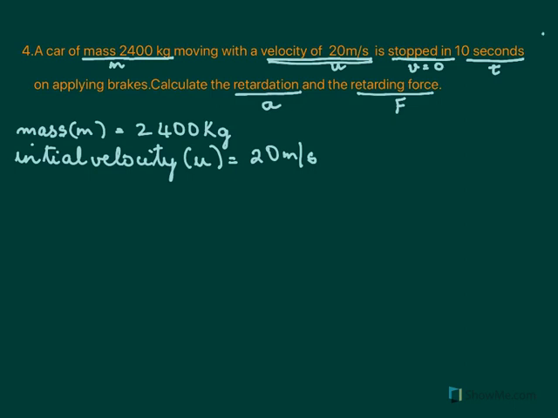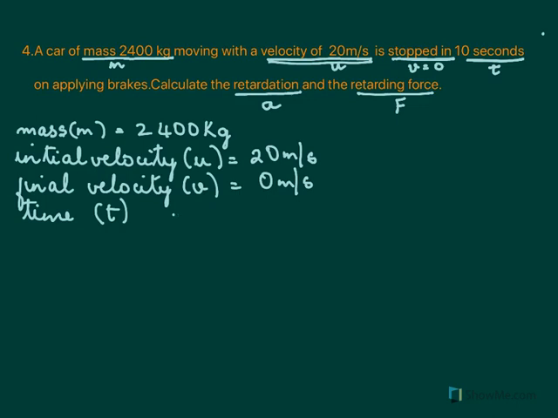Now here they said the body has stopped. The body has stopped means the final velocity is 0 meter per second, and in time t seconds. So we have time, which we call t, is 10 seconds. So again, by Newton's second law, we have force equal to mass into acceleration.